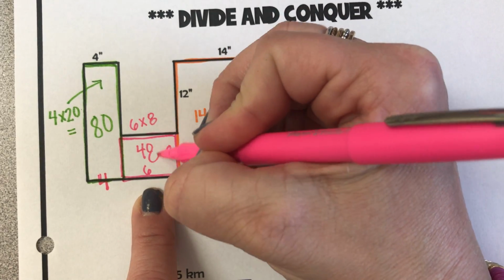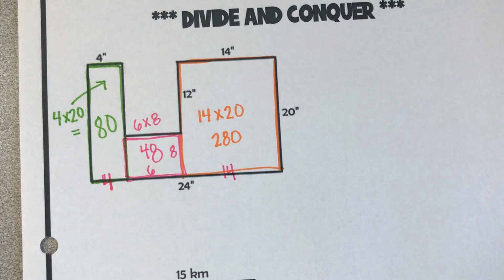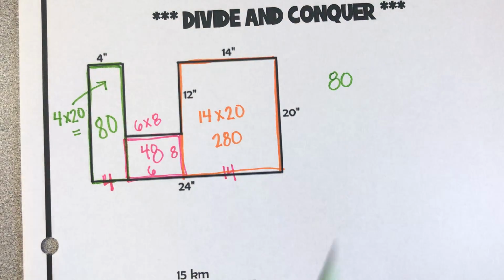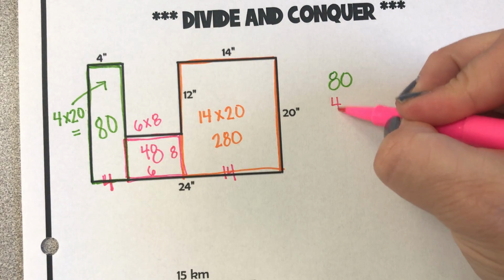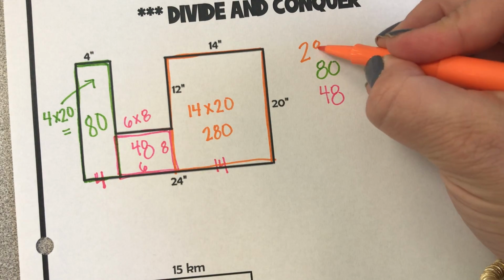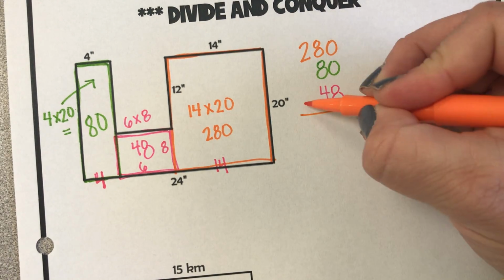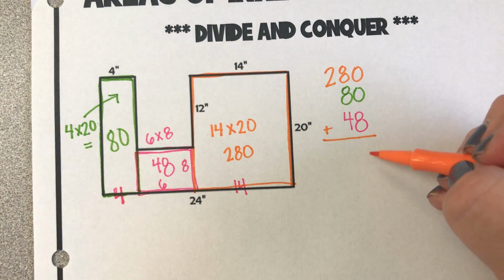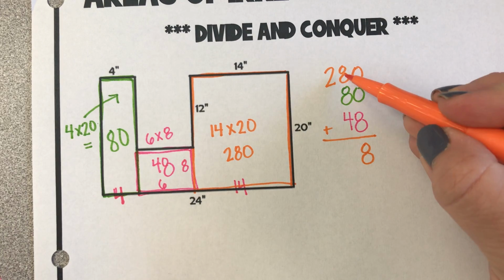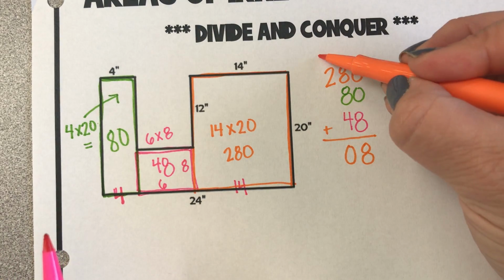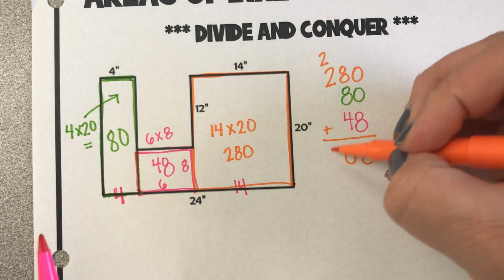which is 48. So now we're going to add together the 80 section, the 48 square section, and the 280 square section. When I add all these together, 0, 0, and 8 is 8. 8 and 8 is 16, plus 4 is 20. 2 and 2 is 4.